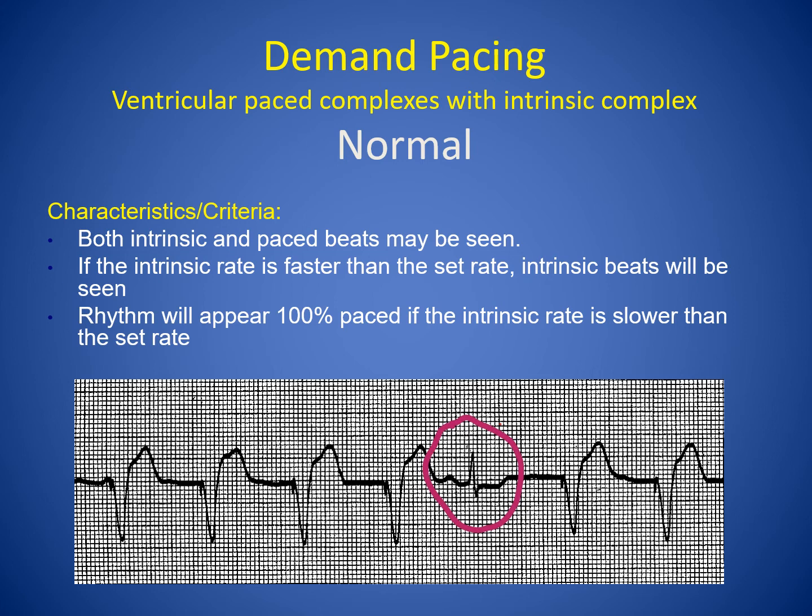You won't see paced beats because, again, it's being suppressed because the pacer does not need to fire. So rhythms that will appear 100% paced is only if the intrinsic rate, or the patient's rate, is slower than what's set. So if you can see in this, that circled fifth complex is the patient's own rhythm.